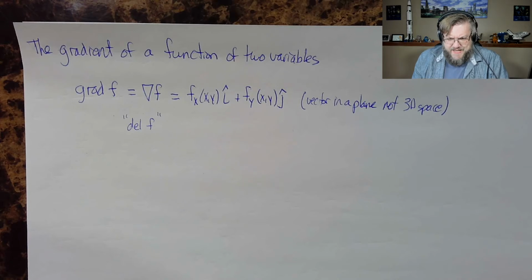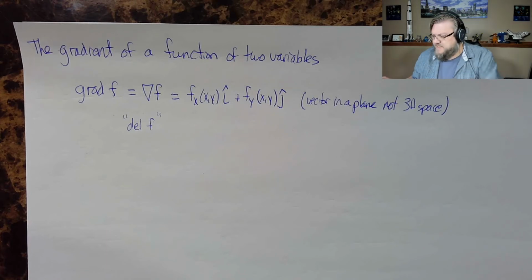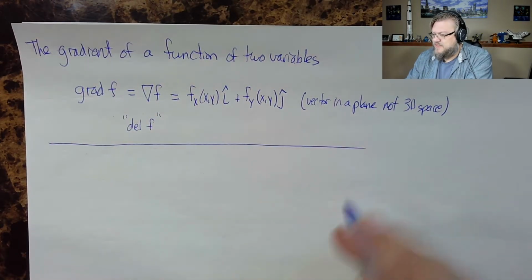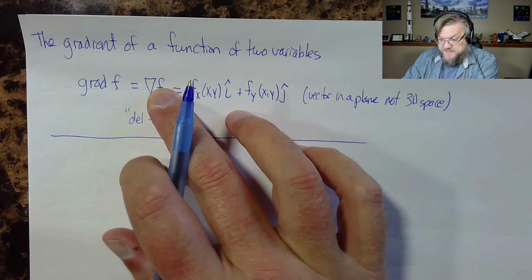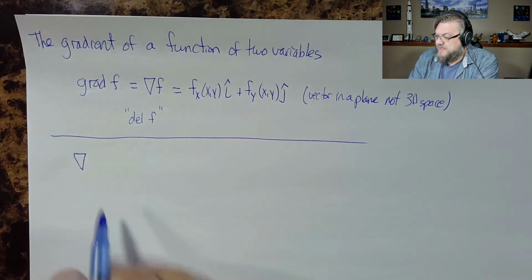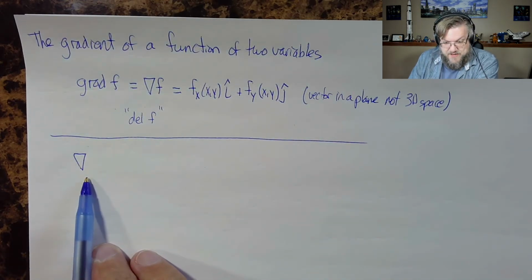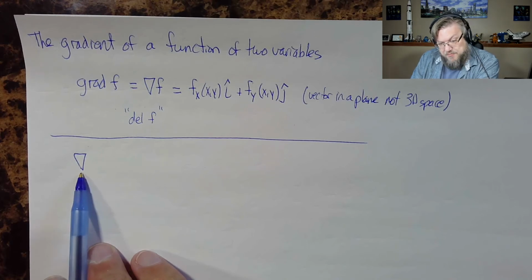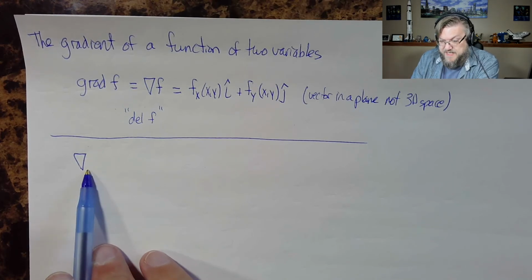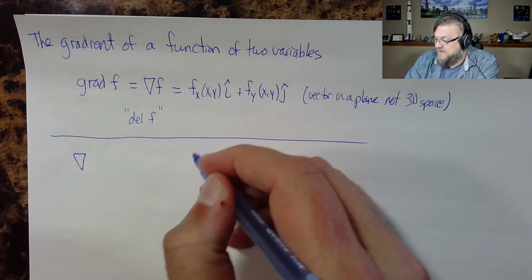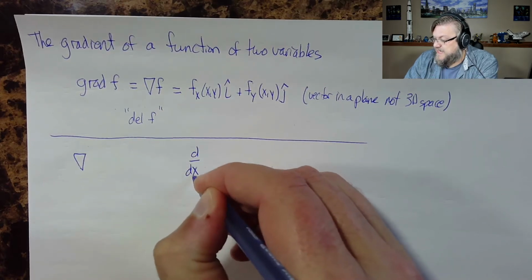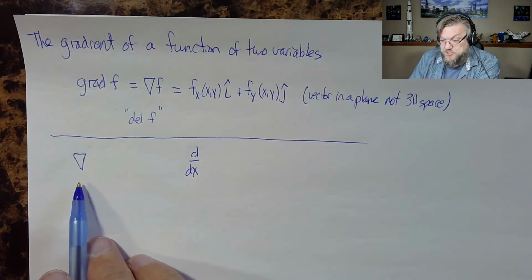Okay. Now let's talk a little bit about what this symbol means by itself, this del operator. We call it an operator, in the same sense that d/dx is an operator. That means that this is telling you an instruction.